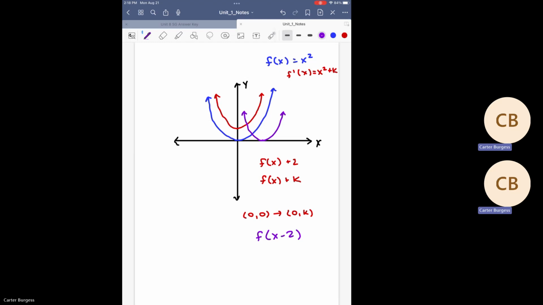This -2 is throwing off all of our inputs. It's reducing them all by 2. If we want to know what's actually going on, what are the y values that we expect to see, we need to forcibly adjust, drag our function to the right to offset the fact that this -2 is going on in the machine. Right? So we're fighting against what's happening on the inside of our function here.